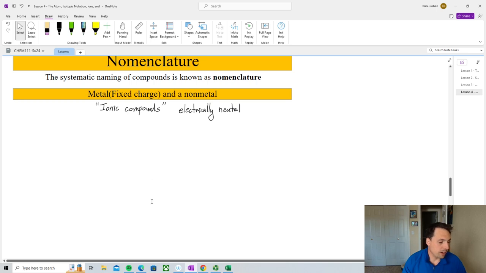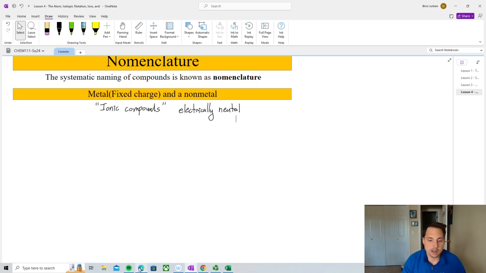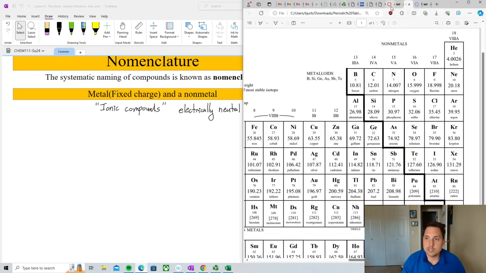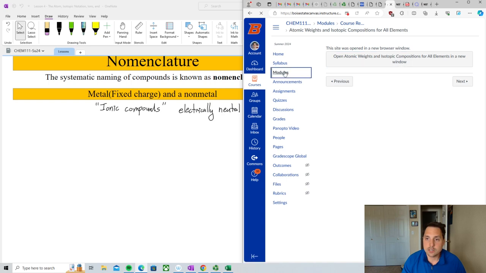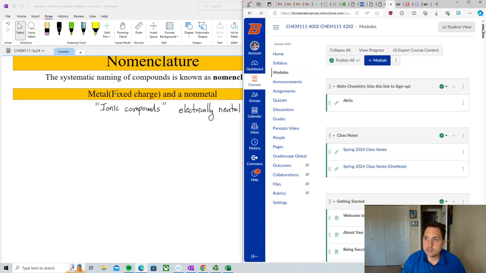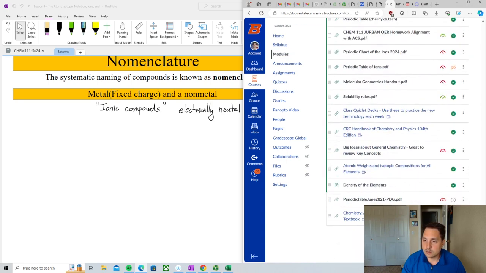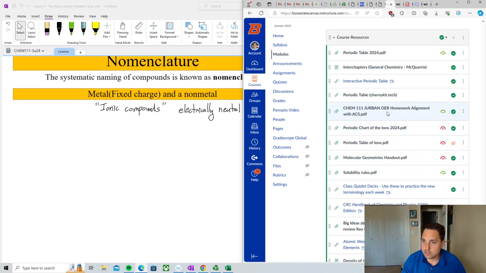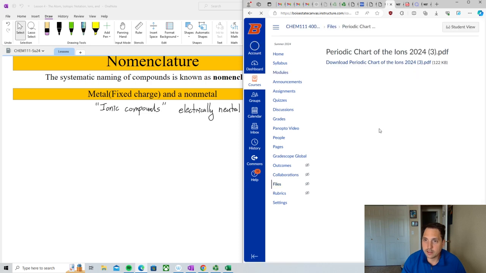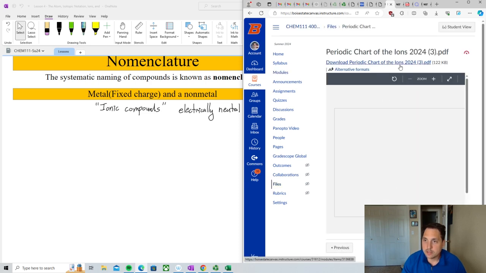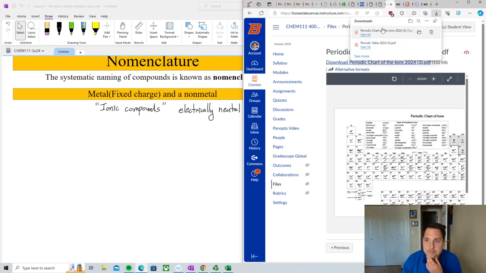And we can find the most common charges of ions through another table here, and I'll make sure it's on our modules so we can find it easily. And I'm still working on our page here, so it's going to look a little different. But there is this periodic chart of the ions. This one is really helpful.